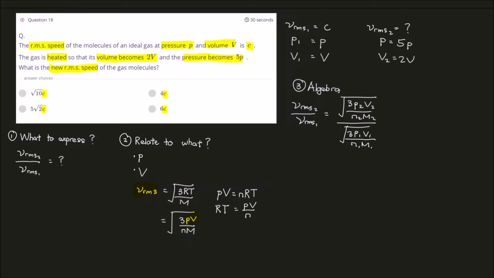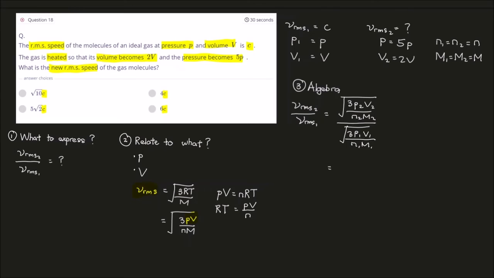The number of moles should be the same because they don't say any gas comes out of or goes into the container, and the molar mass should be the same because they didn't say the gas was changed. They just say the gas is heated. They don't say the oxygen gas was changed to nitrogen gas. So n1 equals n2, which equals n. And the molar mass in situation 1 equals that in situation 2, both capital M.